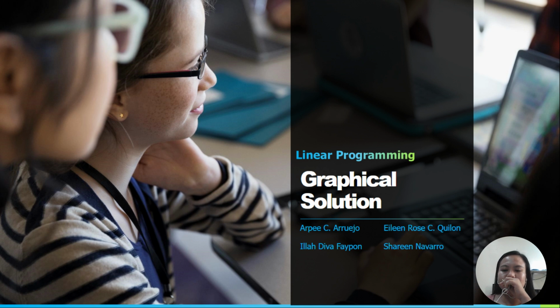The optimal solution must be a feasible solution, and a feasible solution is a setting of the decision variables that satisfies all the constraints of the problem. The optimal solution must also have an objective function value as good as any other feasible solution.